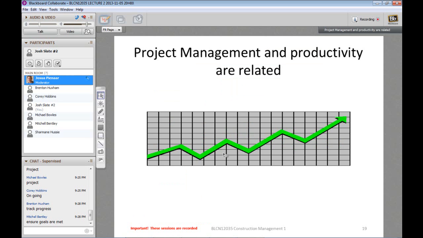All right, so we all know that project management has been proven. We spoke about that right at the beginning: by setting the goals, by knowing how to plan for it, and by doing that continuous improvement exercise, we can actually increase productivity on a project. That's the nice thing about construction managers in general. When you grow tired of the industry, nothing stops you from going and doing something completely different.